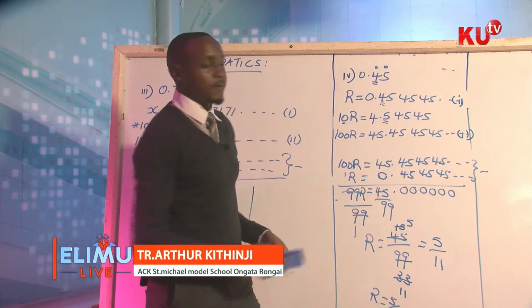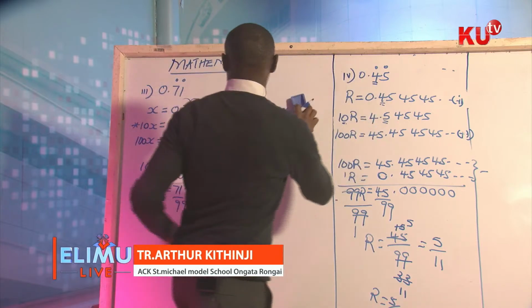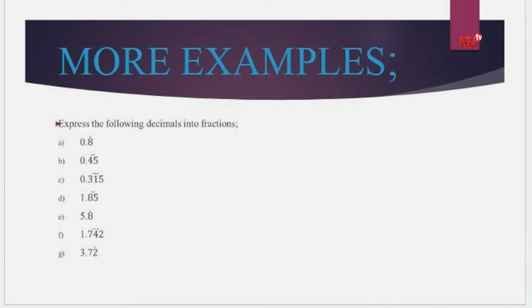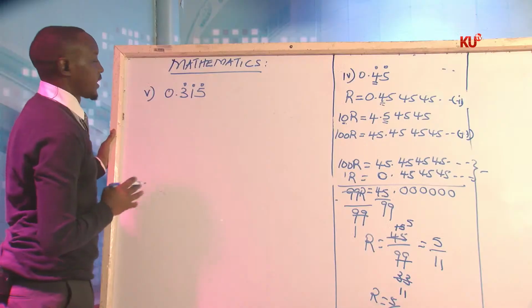Let's have some other example on our screen. We have A, which is 0.315. This is example 5, 0.315, where 3, 1, and 5 are all recurring.